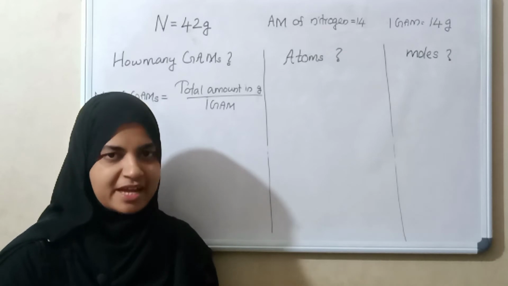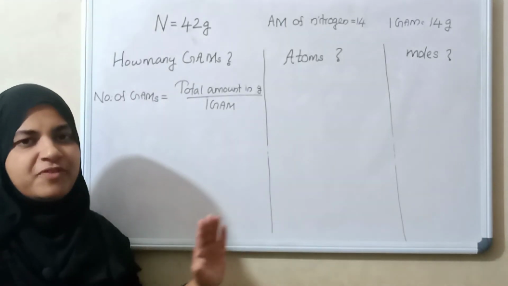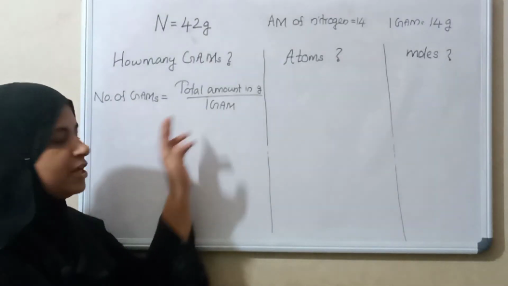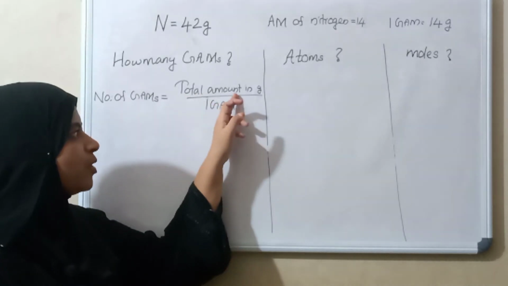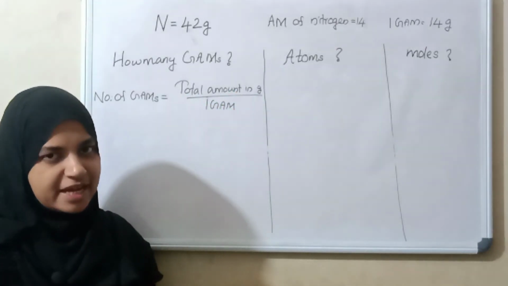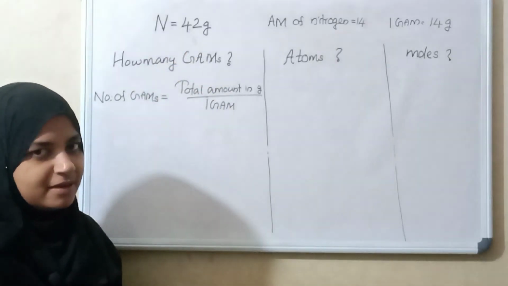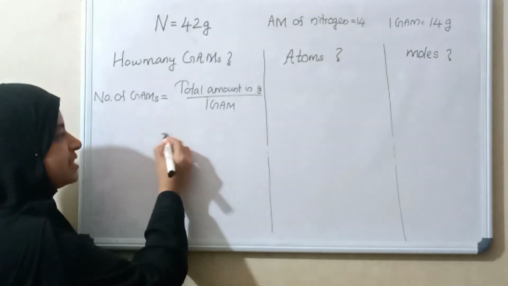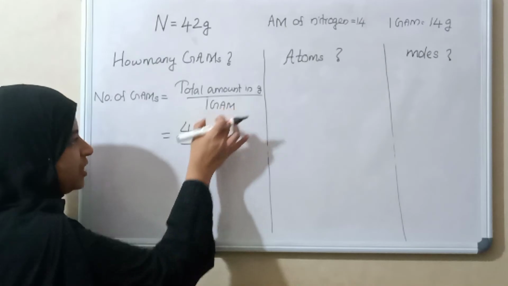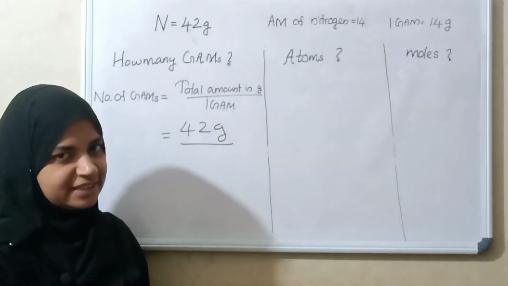First of all, we can find the number of GAMs. For finding the number of GAMs, we have an equation, that is total amount of sample in gram divided by 1 GAM. Here the given sample is nitrogen. The amount of nitrogen is 42 gram. This 42 gram is divided by 1 GAM of nitrogen.